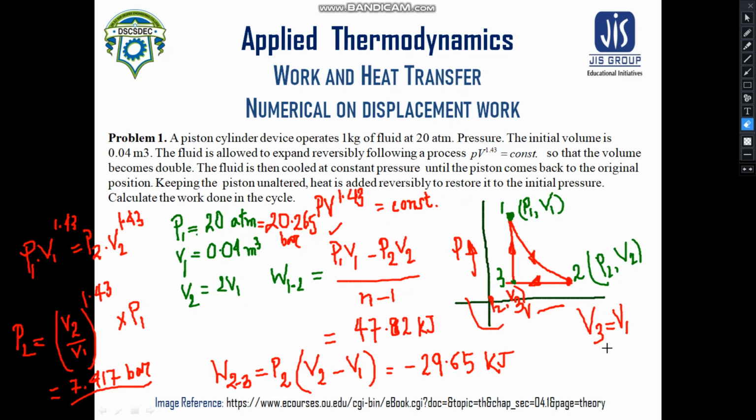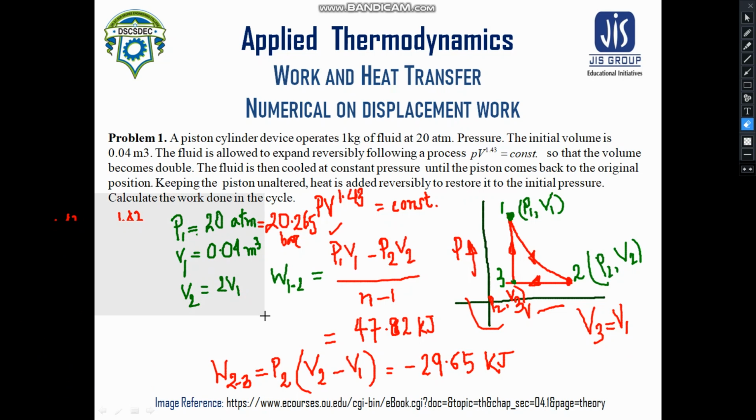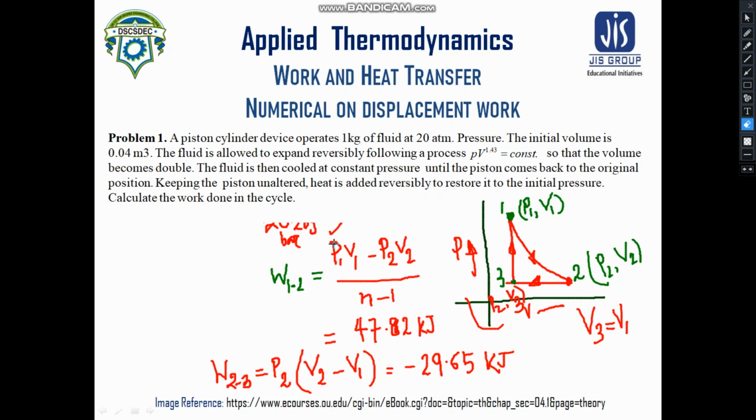So let us remove these things for our better understanding, because we are going to the end of this problem. As I told you earlier, this is an isochoric process. So for the isochoric process, the work done is 0.